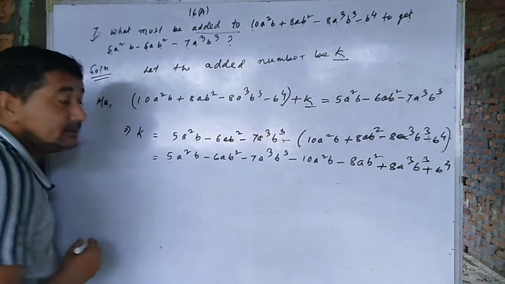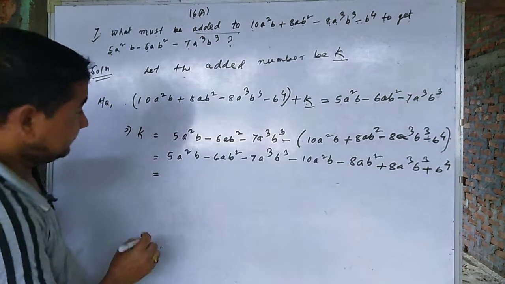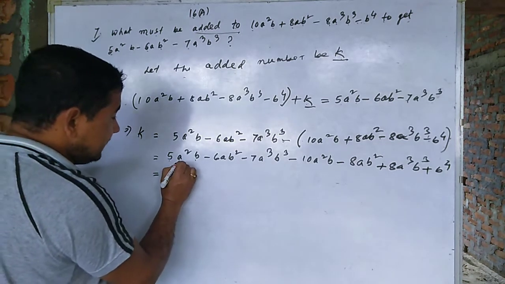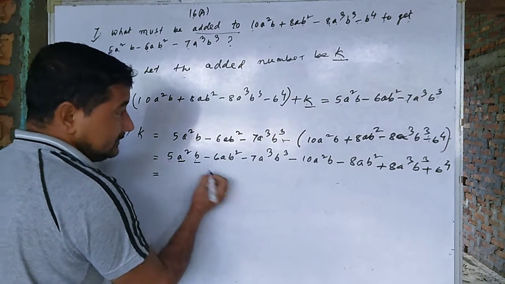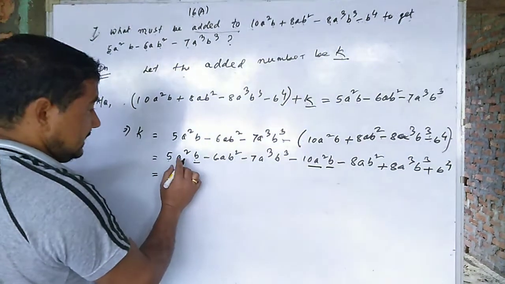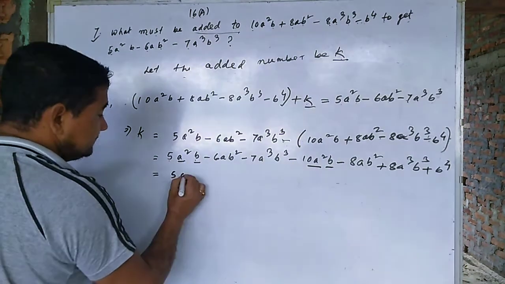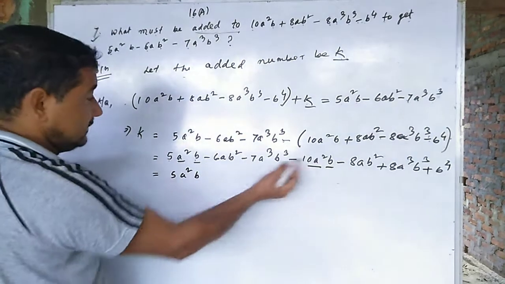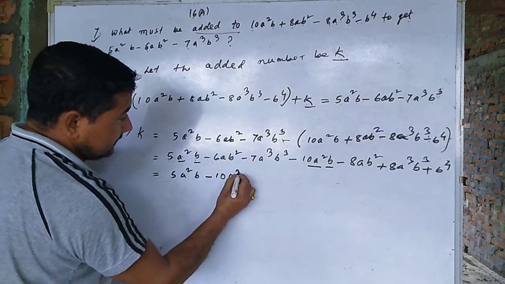Now arrange the like terms, which are the same or similar terms. The a square b terms have the same variables a and b with the same power, square, so arrange these two terms in the same place: 5a square b and minus 10a square b.